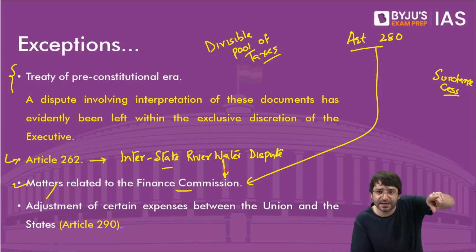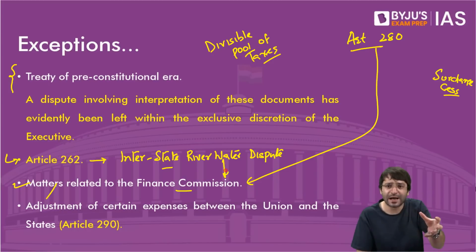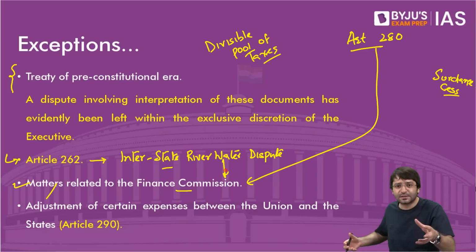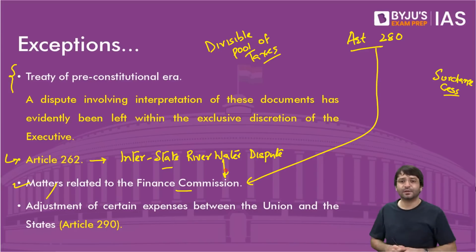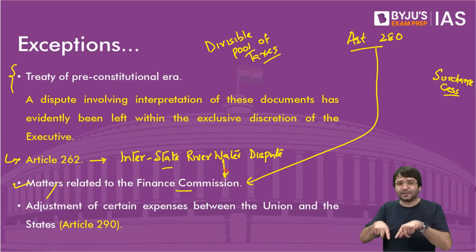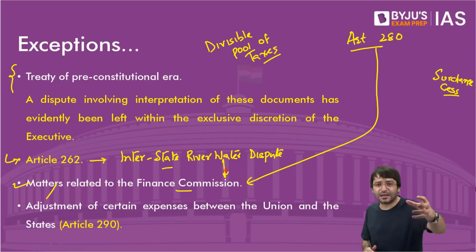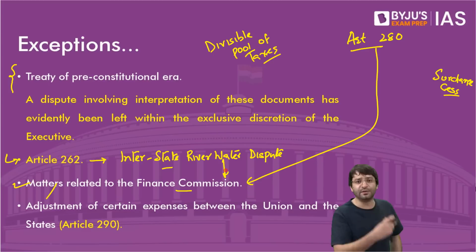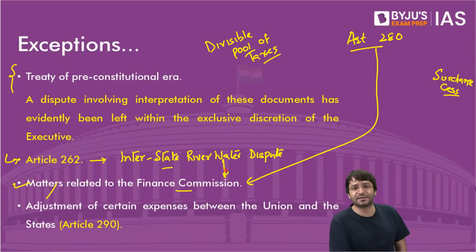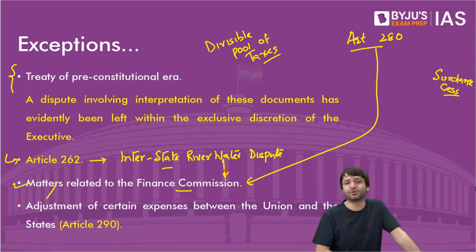That means northern states will get more money as compared to southern states because their population is more, their population is less. Can Telangana, Karnataka, Tamil Nadu, Andhra Pradesh approach the Supreme Court saying we don't agree with using 2011 census population numbers to decide the grant given by the Finance Commission?